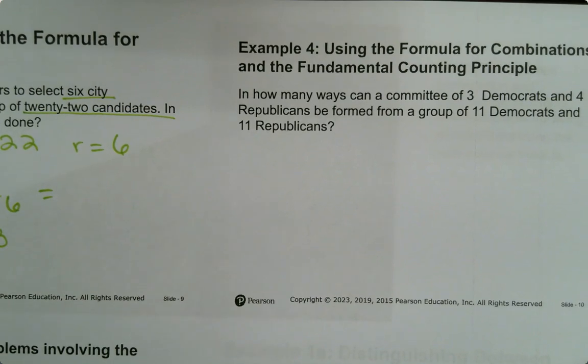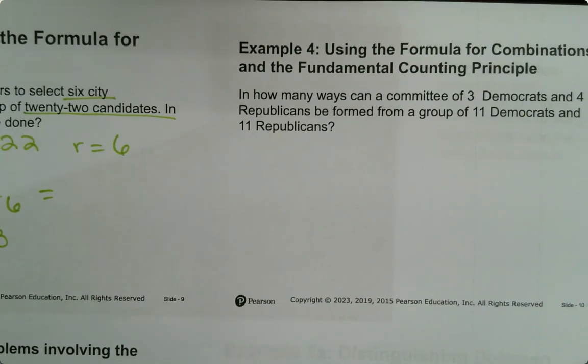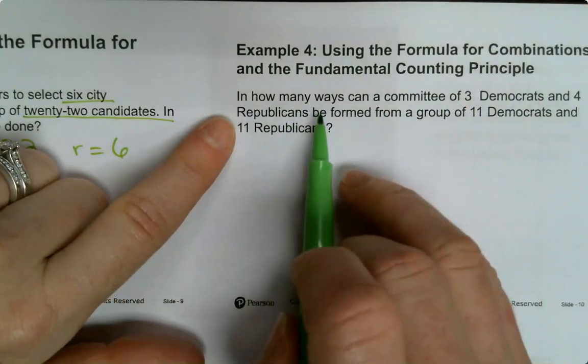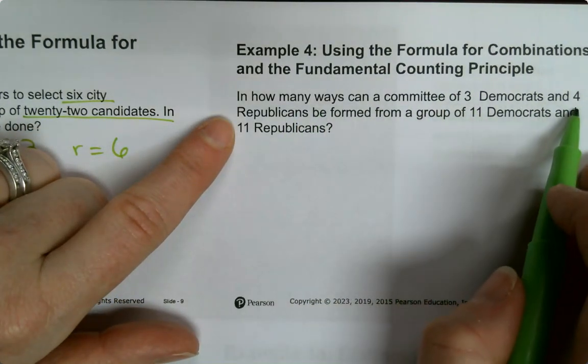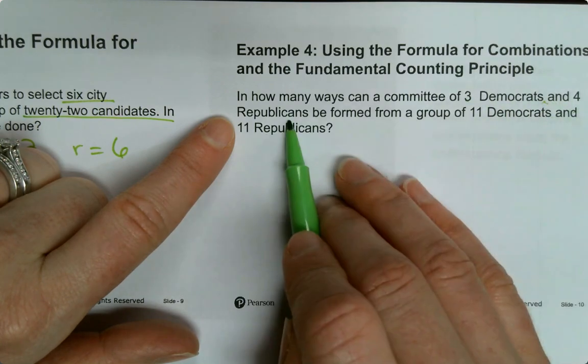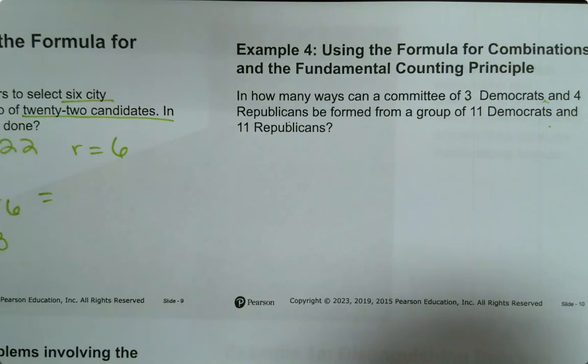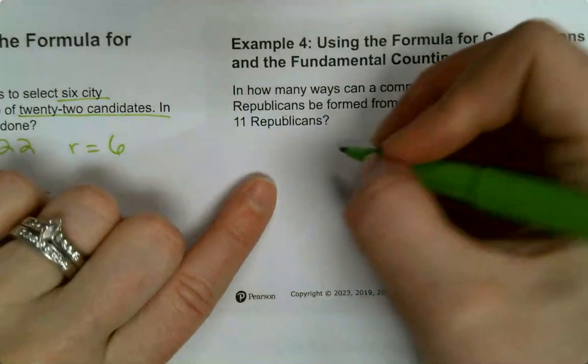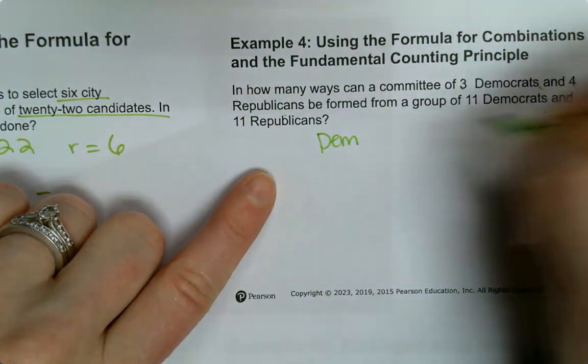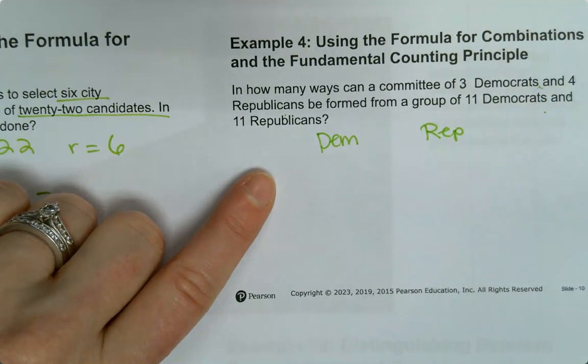Example 4, using the formula for combinations and the fundamental counting principle. How many ways can a committee of 3 Democrats and 4 Republicans be formed from a group of 11 Democrats and 11 Republicans? So we're choosing for the Democrats and we're choosing for the Republicans.